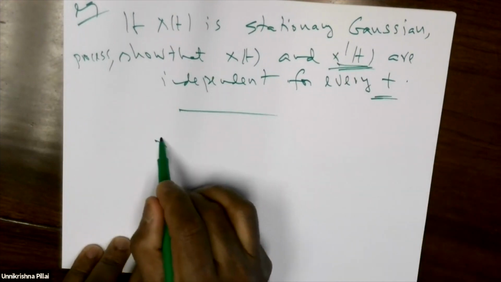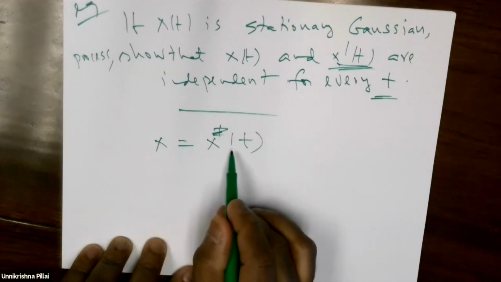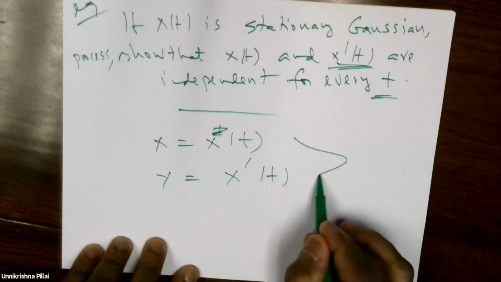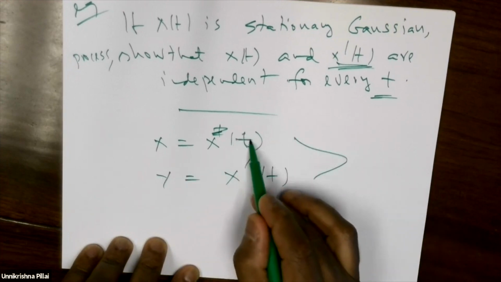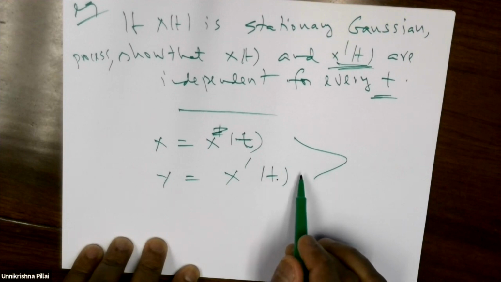Let's make sure you understand. If I define X_t to be x of t and Y_t to be x prime of t, remember these are two random variables for every t.